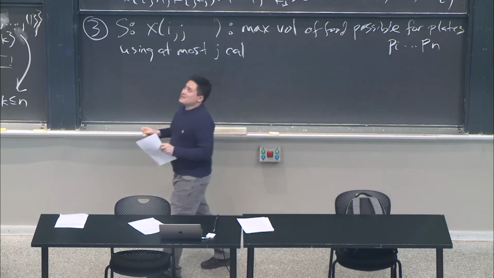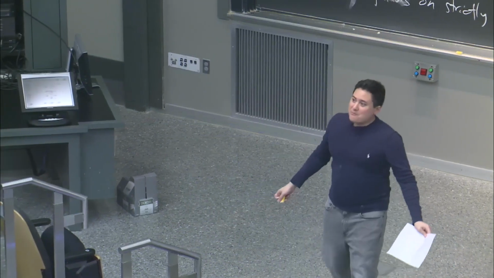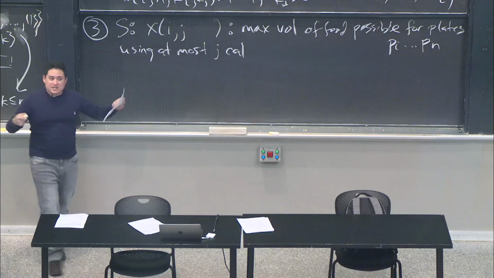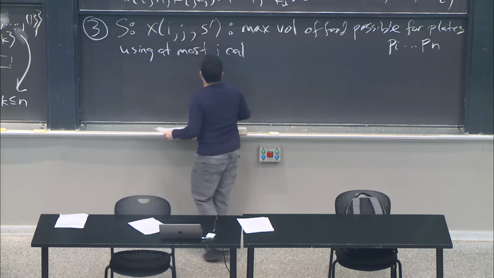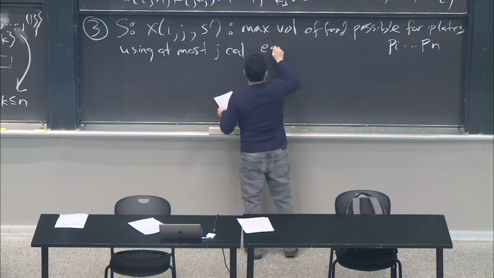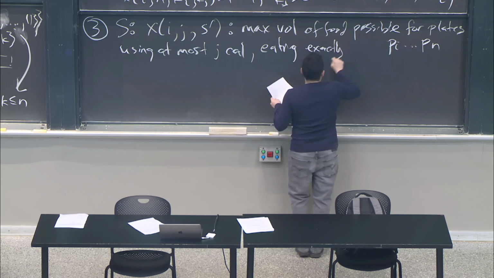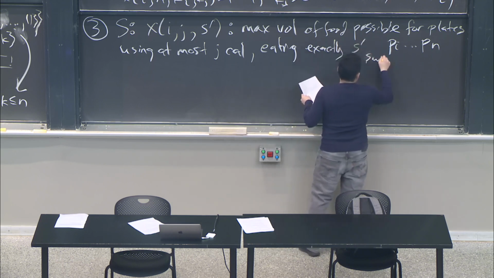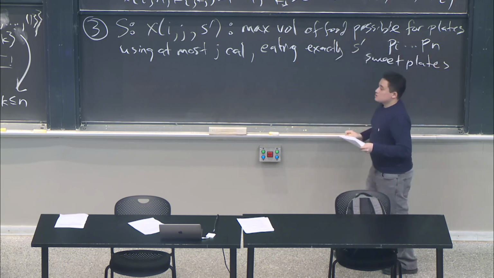And I need to make sure that I'm eating exactly some number of sweet plates in the future. And I need to remember, as I eat a sweet plate, the number of sweet plates I need to eat decreases. And so I want to generalize that. I'm going to put an S prime here to denote eating exactly S prime sweet plates. Okay, so that's my subproblem.